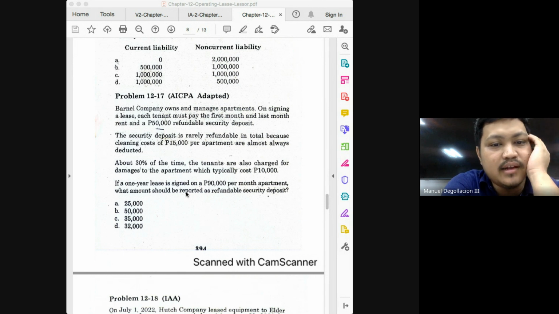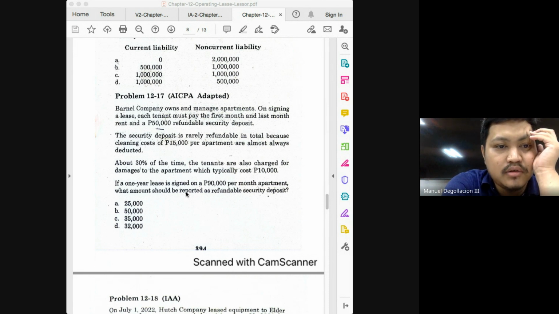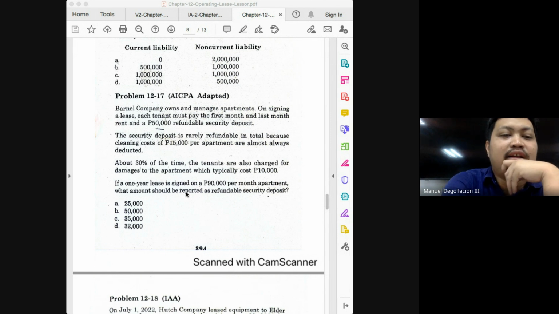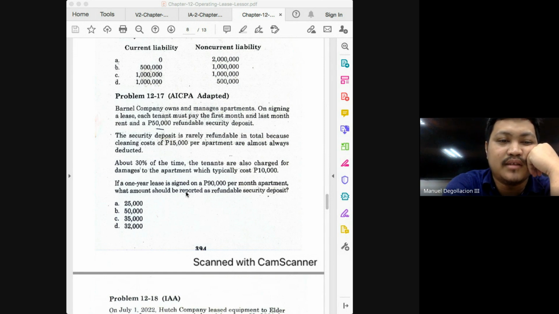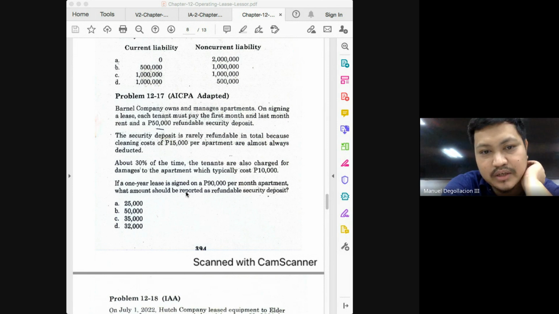So whether the rental is 90,000 or not, the deposit will still be 50,000. And then there will be cleaning cost of 15 and damages of 10,000. At this point, class, the 15 and the 10 are still future costs. They will not be reported as expense yet. They should not be set off against the 50,000. The answer here will just be the 50,000.